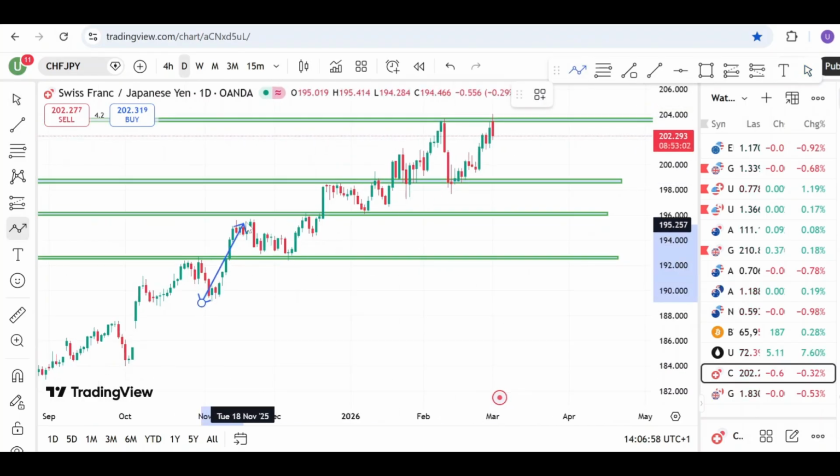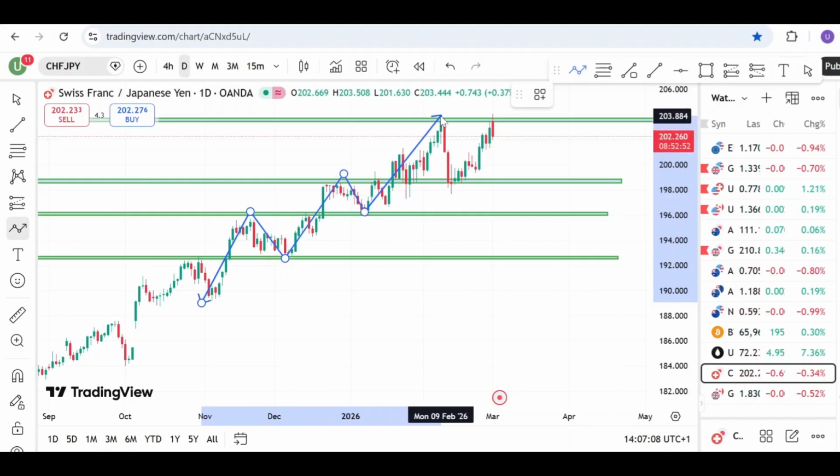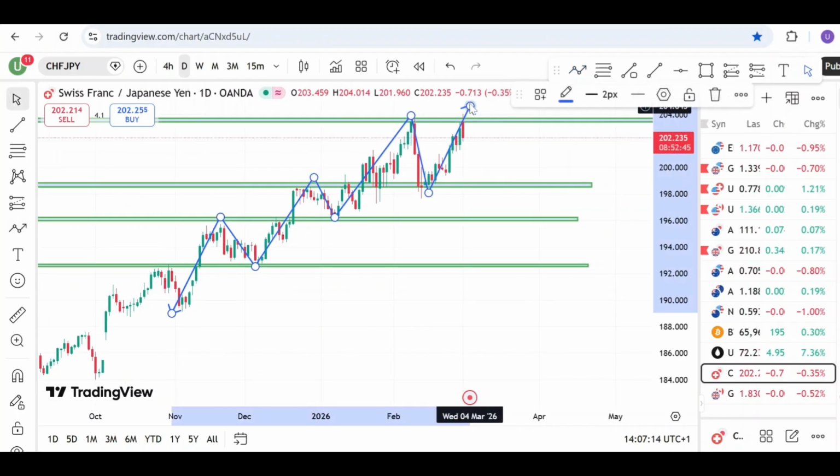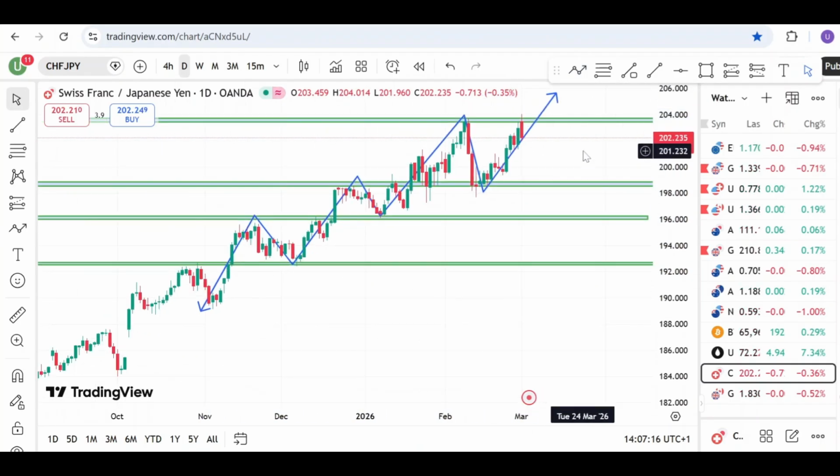This is the initial break of structure to form a higher high, pullback to create a higher low, break of structure, higher high, higher low, break of structure, higher high, formation of a higher low, and then we expect the market will keep going up.